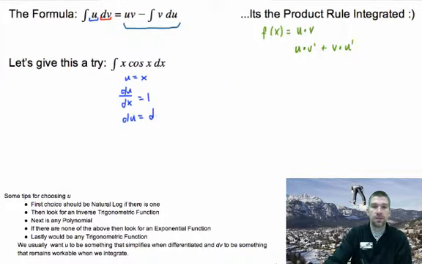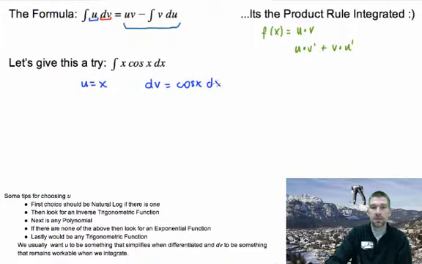So what we're going to do is come back here and follow this pattern of u dv. Okay? So here we go. Let's let u equal x, and let's let dv equal cosine x dx.